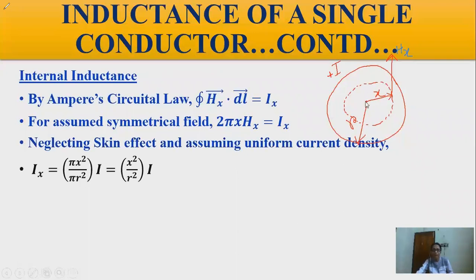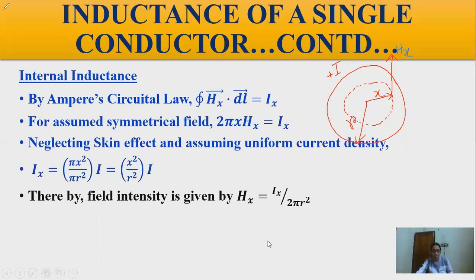So we can write Ix divided by pi x square equals I divided by pi r square, and ultimately Ix equals x square by r square into I. Thereby the field intensity can be given by substituting this Ix: Hx equals Ix divided by 2 pi x, so ultimately it will be I into x divided by 2 pi r square.